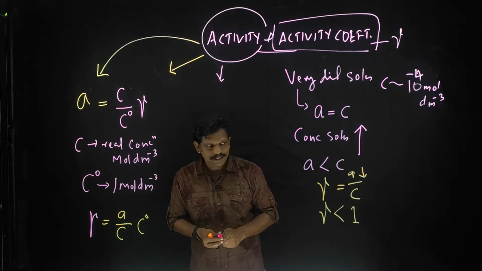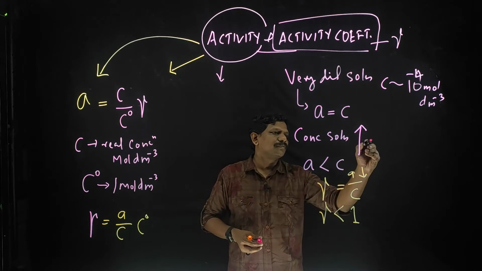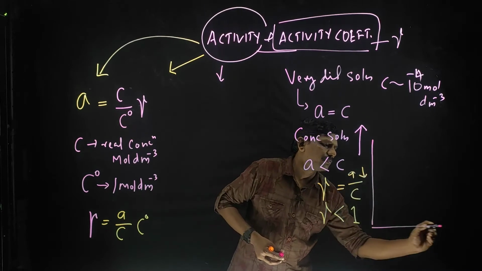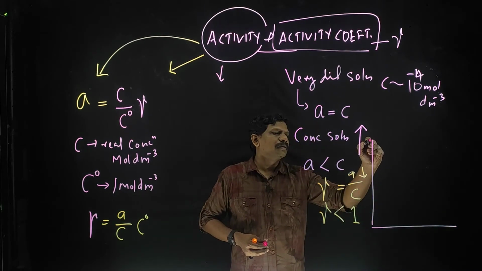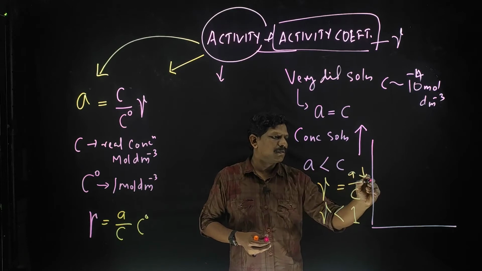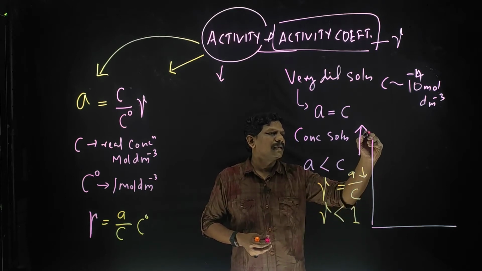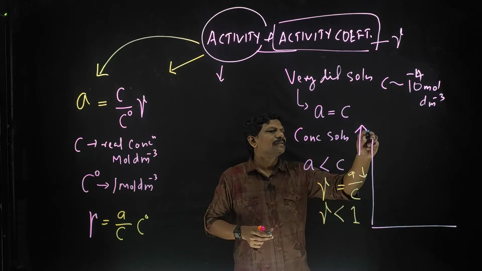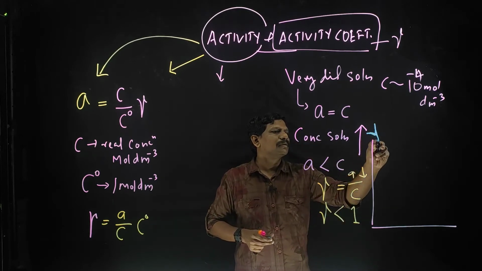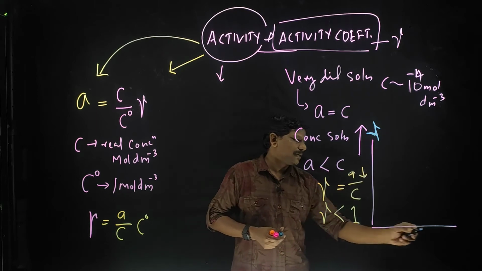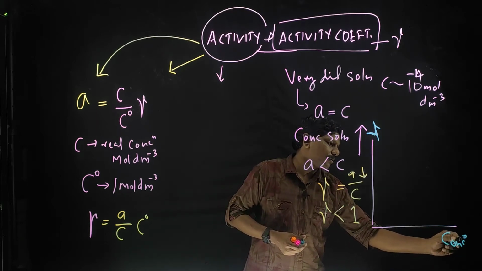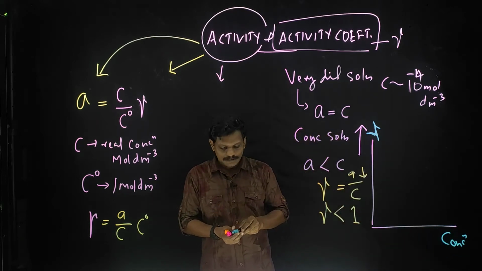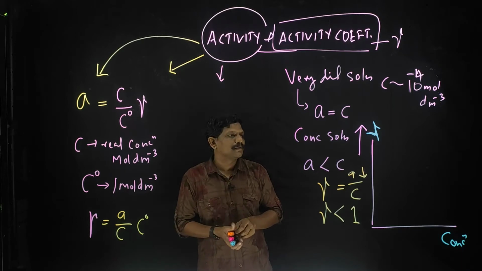So this you can express in terms of a graph. Okay, if you are plotting gamma in your y axis, and concentration in your x axis, what will happen?